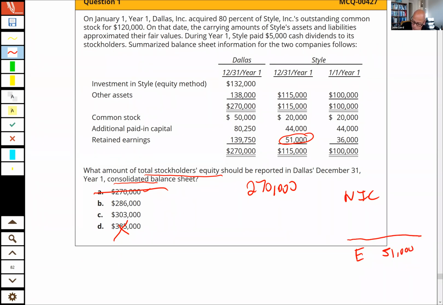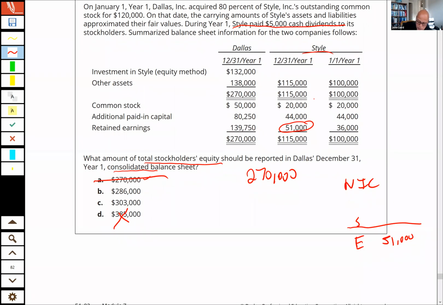Then the subtract is going to be the dividends that were paid out to the non-controlling interest people. Well, Styles, the subsidiary, paid 5,000 of cash dividend. Well, if that's the case, 5,000 of cash dividend times, if it's an 80% subsidiary, my non-controlling interest portion is 20%, right?